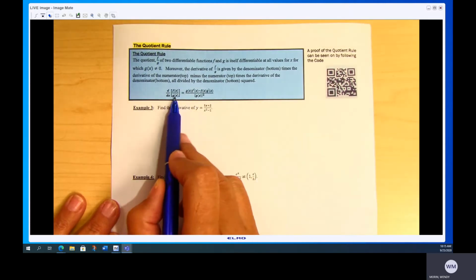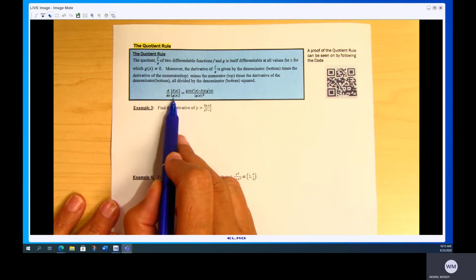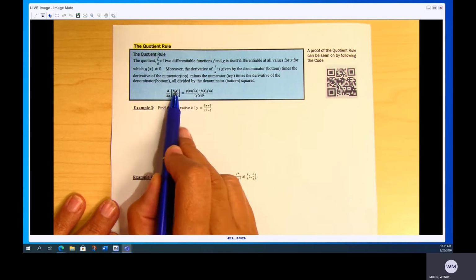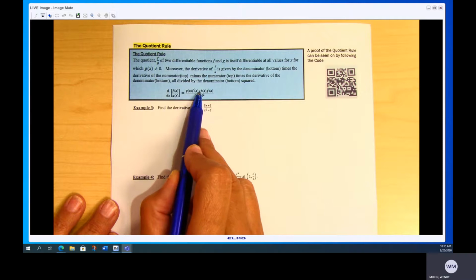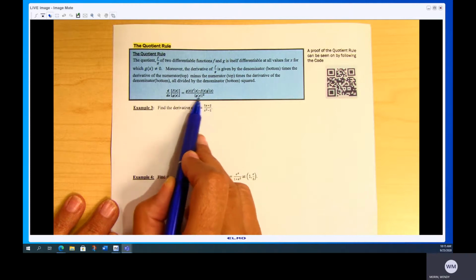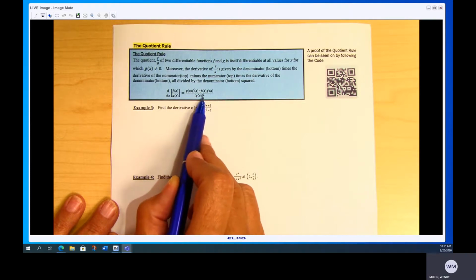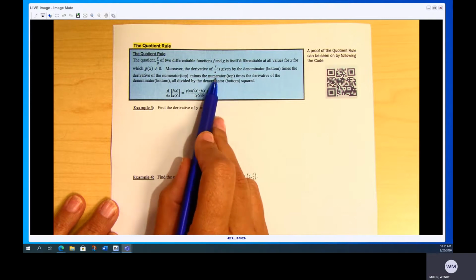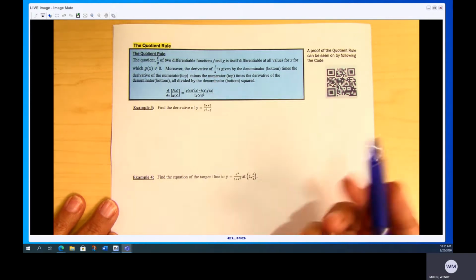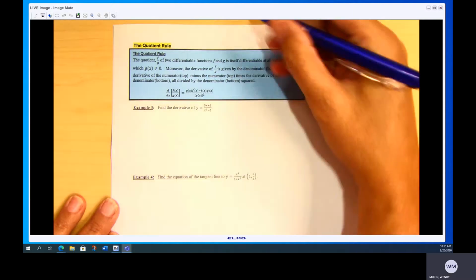The quotient rule is the bottom times the derivative of the top minus the top times the derivative of the bottom, all over the bottom squared. Okay, so when I say top, I mean numerator. When I say bottom, I mean denominator. So memorize it however you would like, but again, it's here.